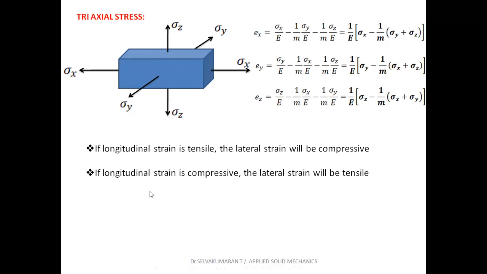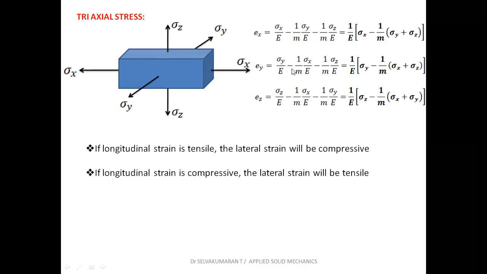If longitudinal strain is compressive, the lateral strain will be tensile. So these things we should keep in mind while writing the strain equations, Ex, Ey, Ez. That's why we get minus signs here, right? If this is tensile, this becomes compression.